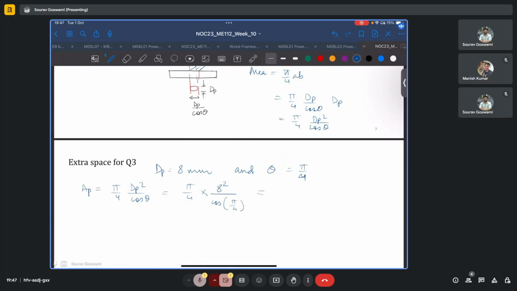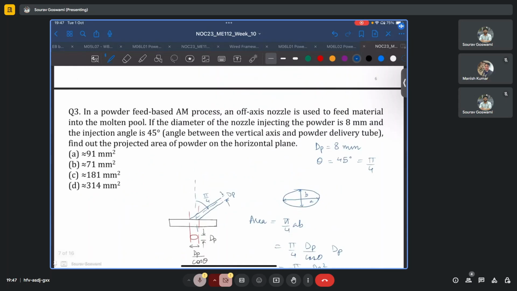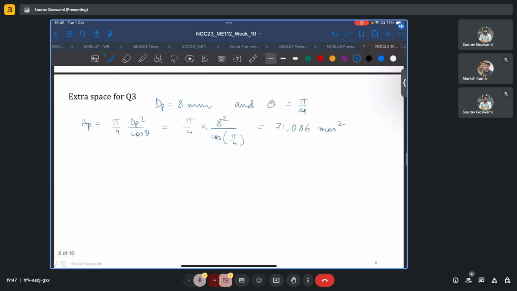And if I calculate this quickly, this comes out to be 71.086. The dimension of dp was in mm, so mm square. And this is the projected area of the powder on the horizontal plane.